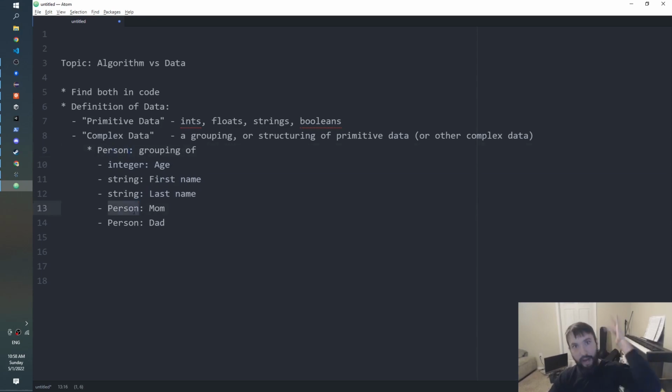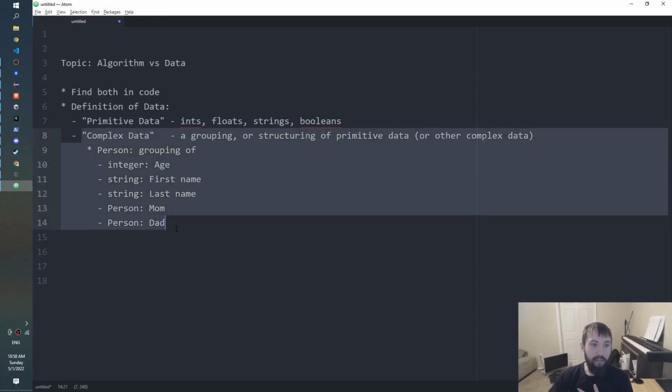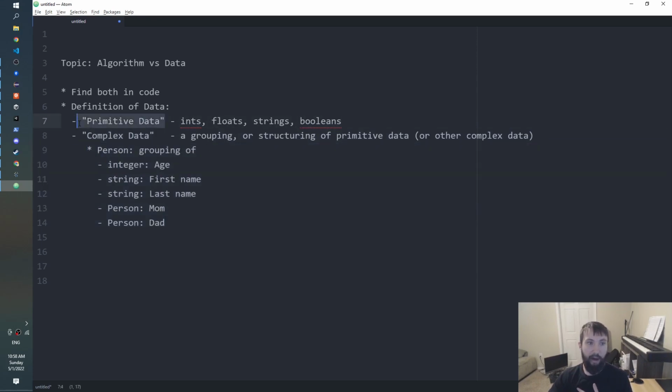And then, of course, now we have sort of a tree, because my mom, being a person, also has an age, a first name, a last name, and her mom, etc. So this is an example of how you build complicated data out of both primitive data and any other complicated data that you might have defined.